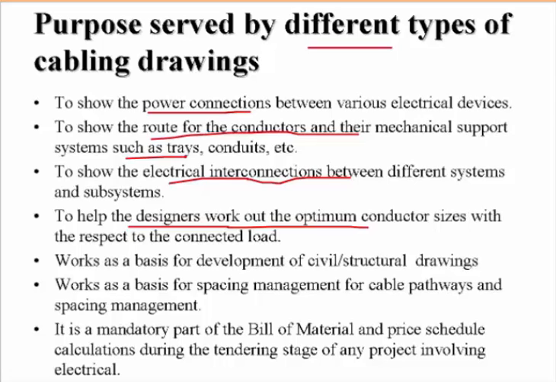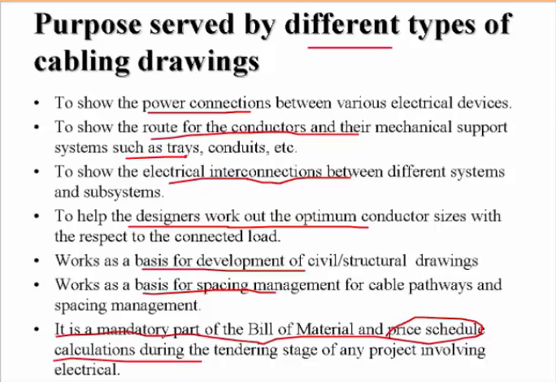They also work as a basis for development, and as a basis for the spacing management for the cable pathways. And this is a mandatory part of the bill of materials, as well as the price schedule for calculations during the tendering stage of any project involving an electrical system.